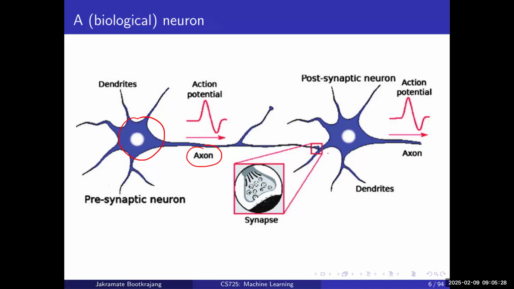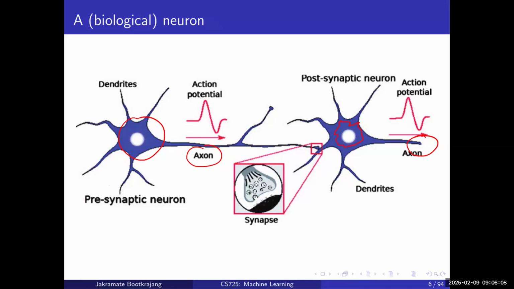Another cell receives the input from the first cell, and then it does some processing and outputs something at its own axon, right? So each neuron cell, you can think of it as a unit that receives input, does some processing, and spits out the output. Now, this output can be transferred into another cell, right? So each cell would have a different way of processing the information.